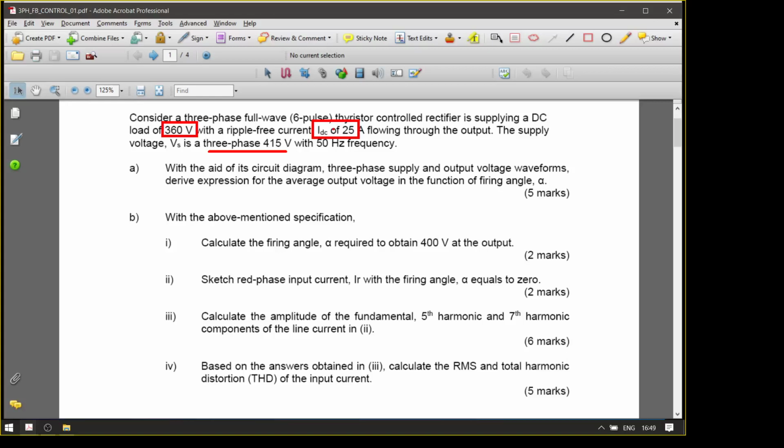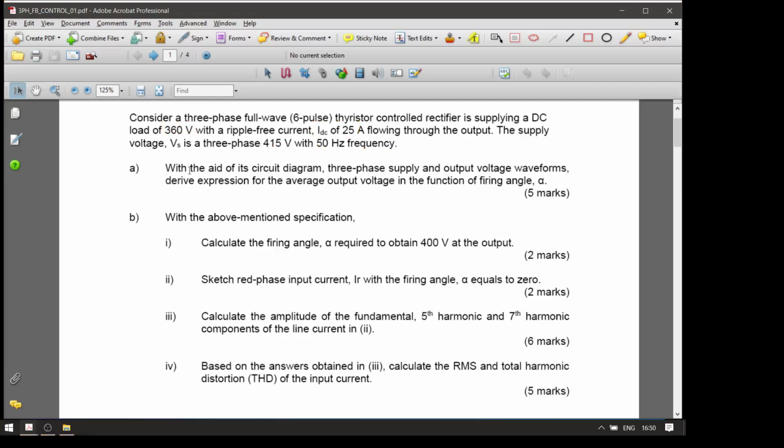Because it's the standard 50 Hz commercial frequency. In Malaysia we have 50 Hz frequency, and the supply is always 415 volt line to line. Phase voltage is 240. Line to line voltage is 415 volt RMS. Okay, so that's given to you.